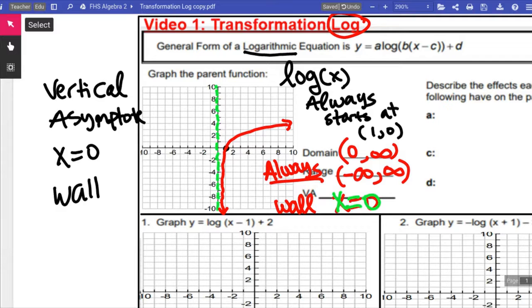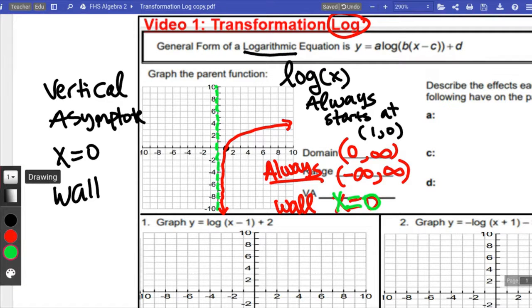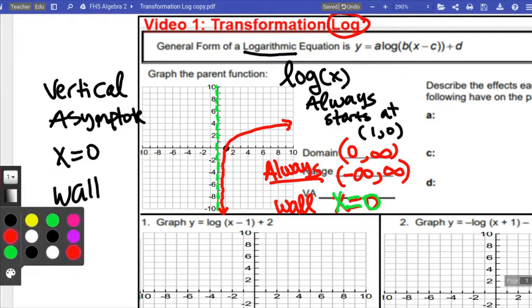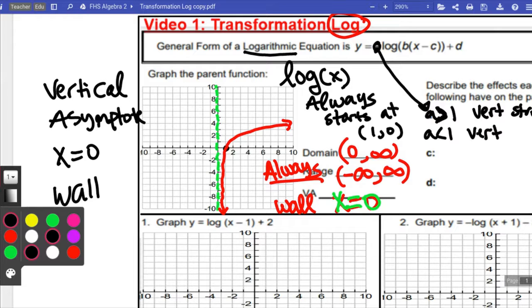All right, let's talk about what the a, b, and everything does here. The a value: if a is greater than 1, then we have a vertical stretch. If a is less than 1, then we have a vertical compression.